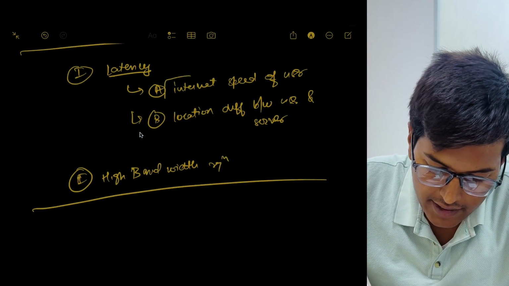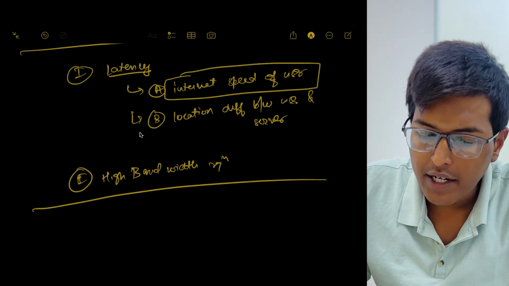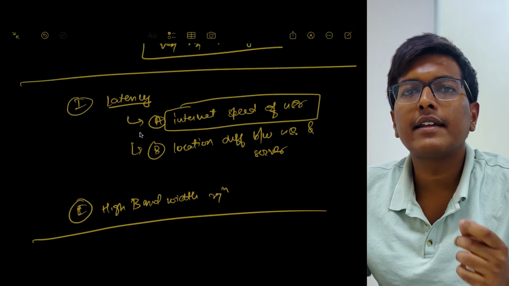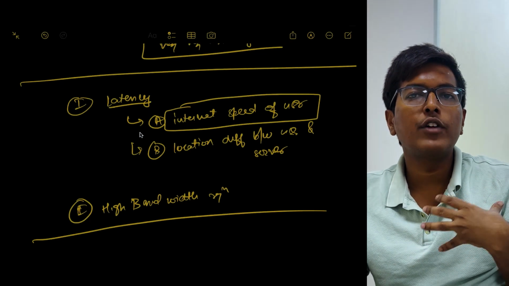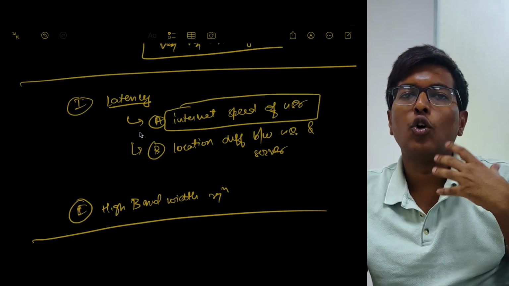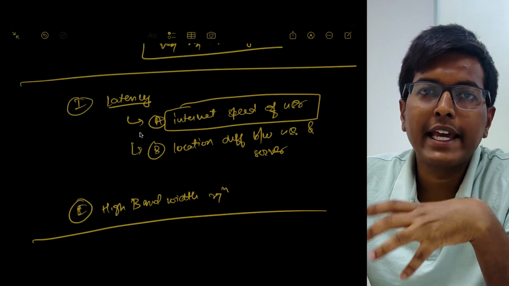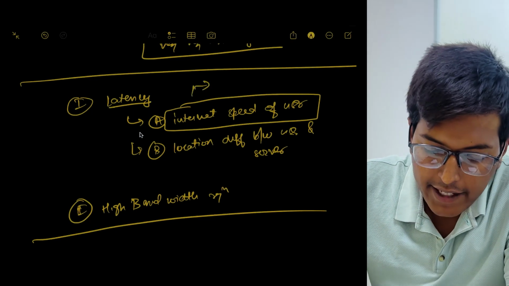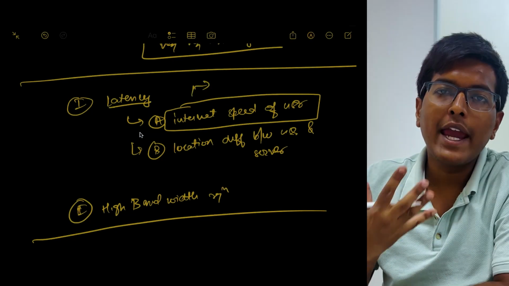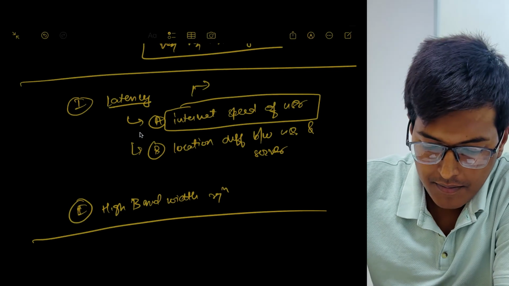Coming to this first challenge, you would have already seen this. This is not something that is in the control of YouTube. What the user's internet speed will be is not in the control of YouTube, so they cannot control it. The only thing they can do is provide videos at different dimensions.